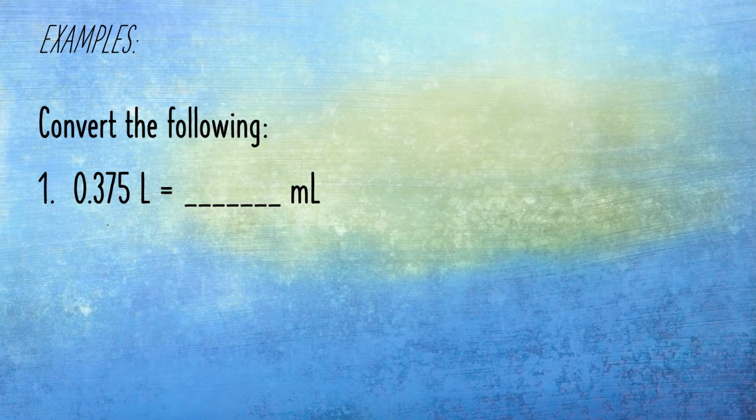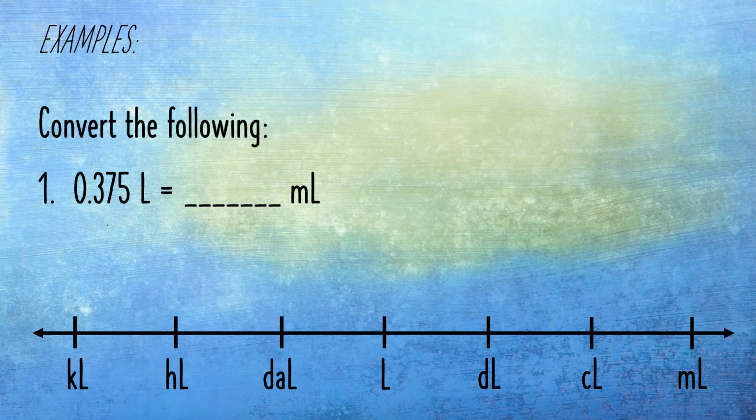So let us now have the given example. First example, convert the following: 0.375 liters is how many in ml or milliliter. So let us use the metric system of measure. So simula sa liter, papunta sa ml. So let us go to the right in how many movements.